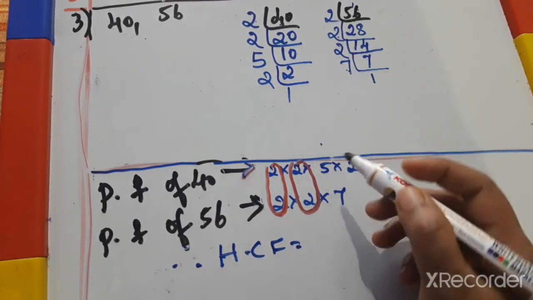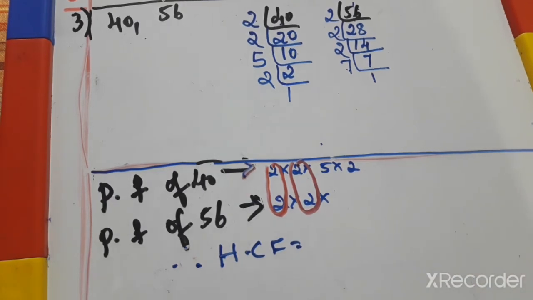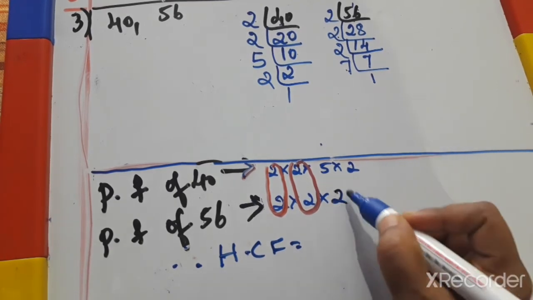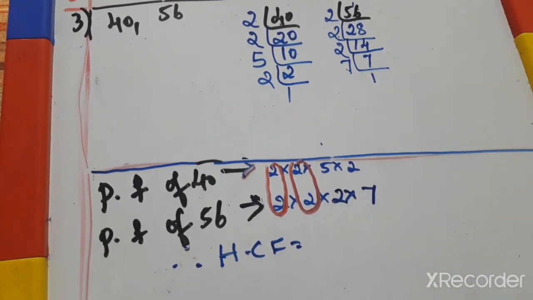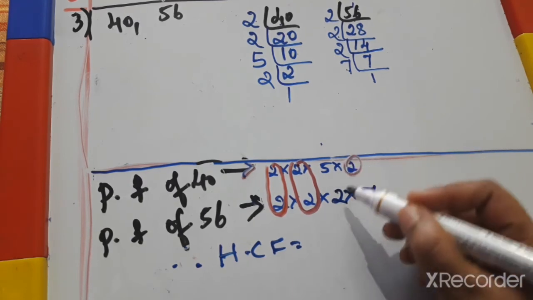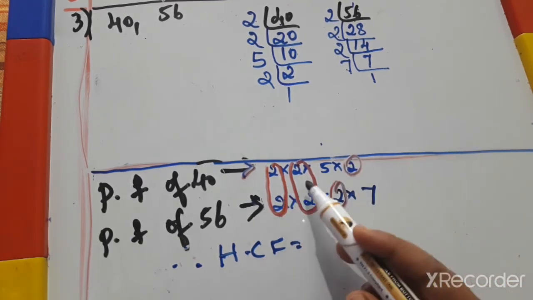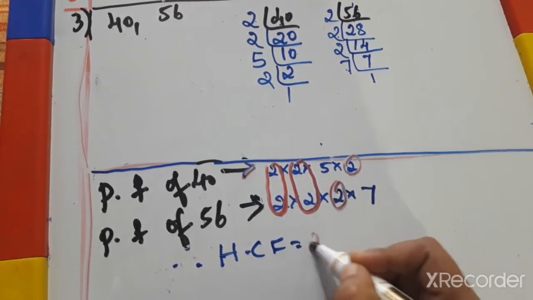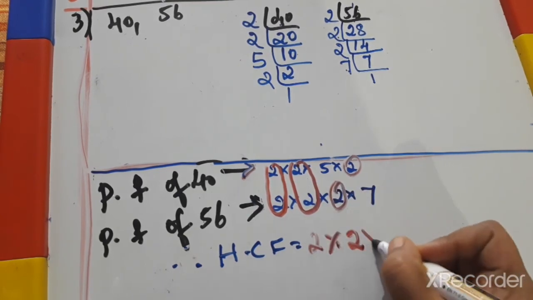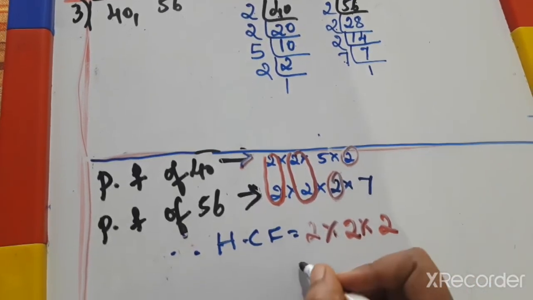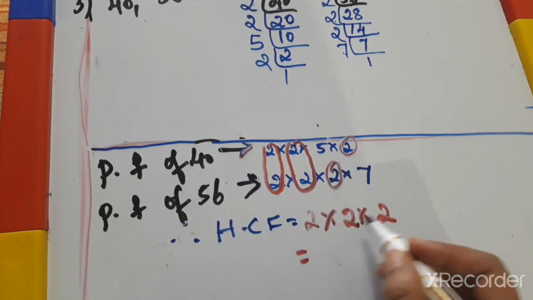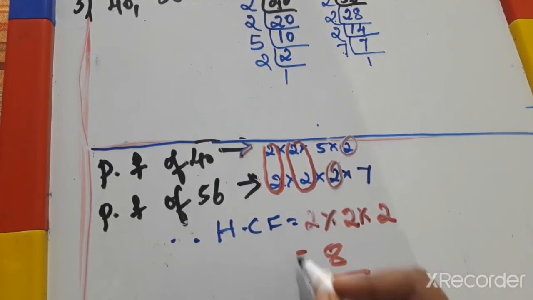Here 2, 3 times are there, children. 2 into 2, 3 times are there, into 7. So which is common here? Again 2 is common on both sides. 2 is common in 2 into 2 into 2. So what is the HCF now? 2 2s are 4, 4 2s are 8. HCF is 8.